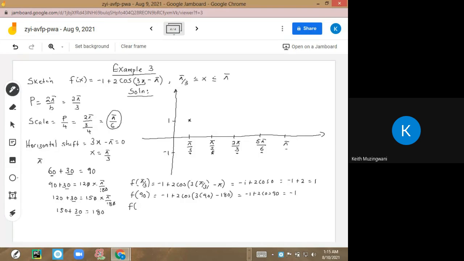So 2 pi over 3, we found it to be 120. So what is f of 120? We get -1 plus 2 cosine of 3 times 120 minus 180. That is -1 plus 2 cosine of 360 minus 180. We get 180.